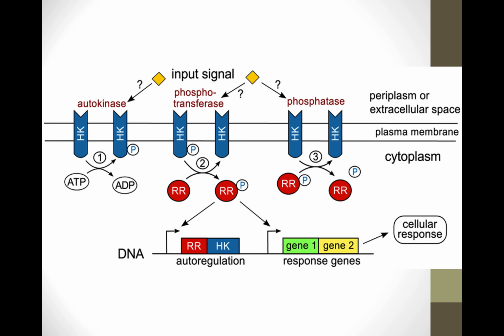When you have autoregulation, the signal will continue to be processed until it is ready to give a response. Or if it is a gene that is needed for survival, it will be autoregulated, which means that the expression is known and controlled and will be turned on or turned off automatically.